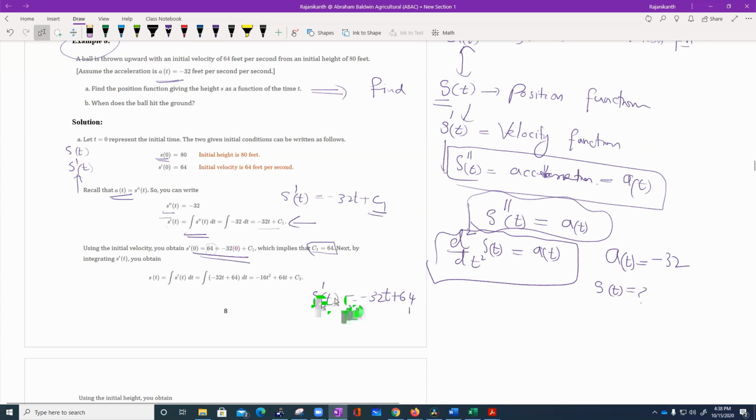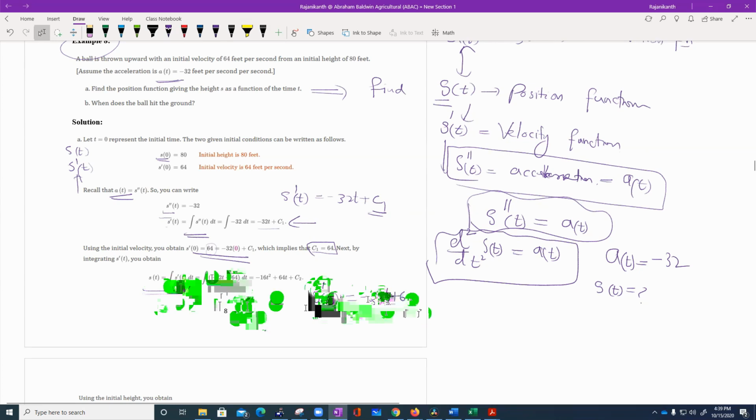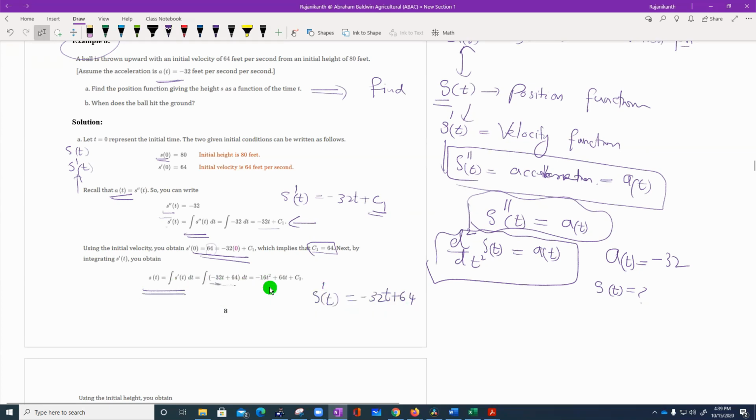So I got the velocity function. But remember, my question is finding the position function s(t). That means if you take one more time the antiderivative of s prime, you will get s. That is what this says. Okay, the antiderivative of s prime is s, but now we know s prime. s prime is this guy. Simply plugging that one here. Now find the antiderivative of this function.